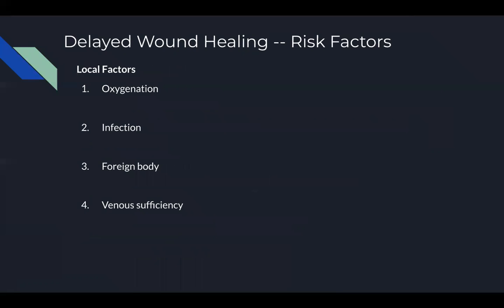Next one, and the risk factors of delayed wound healing. There's a local factor, which is low oxygen in the tissues, and also local infection or foreign body, or poor venous function, which will impact wound healing.